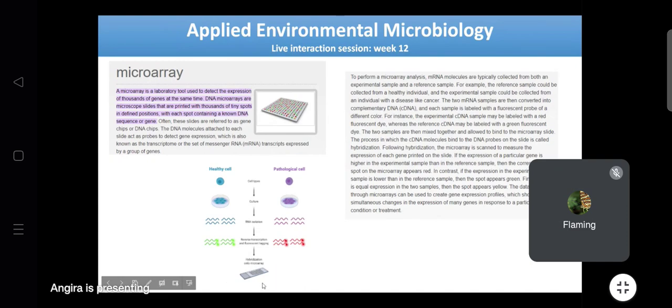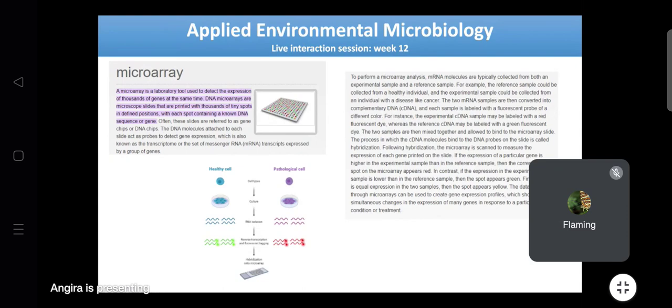So in this process, the cDNA molecules bind to the DNA probes in the slide by the process of hybridization. After hybridization happens, the microarray is scanned to measure the expression of each gene printed on the slide.